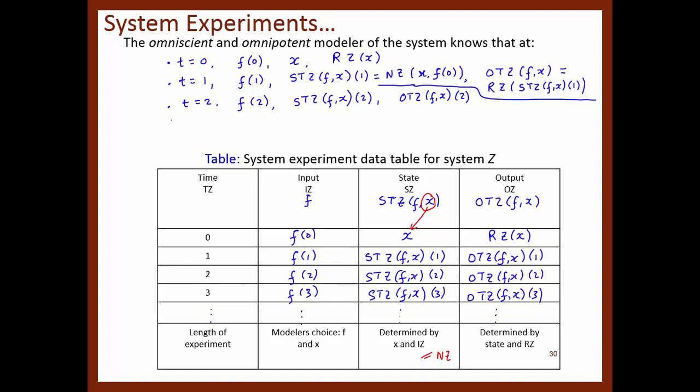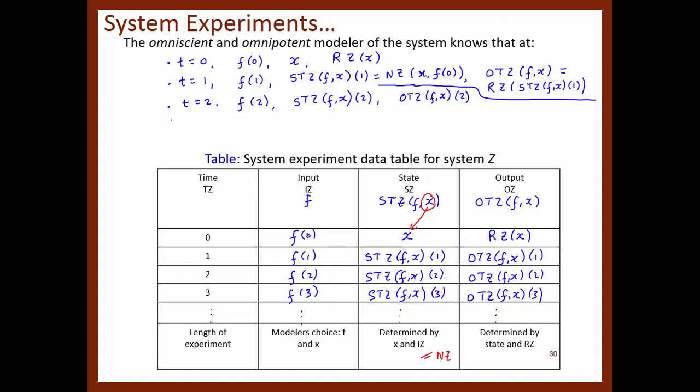At time 1, we use that initial state to see what the next state of our system will be and what the output will be. And that will continue. If we go to time 2, we use the information from the previous time period to represent the next behavior of our system. So that's what's denoted in this table.